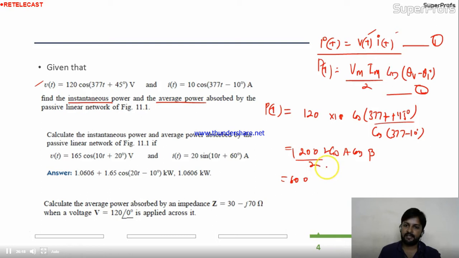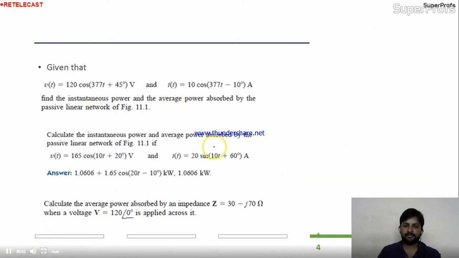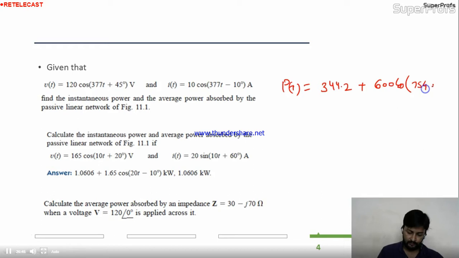This will be 600 times cos(A plus B) plus cos(A minus B). I think you remember this formula. So when you solve this, you will get the power as 344.2 plus 600 cos(754t plus 35 degrees). This will be nothing but your instantaneous power.